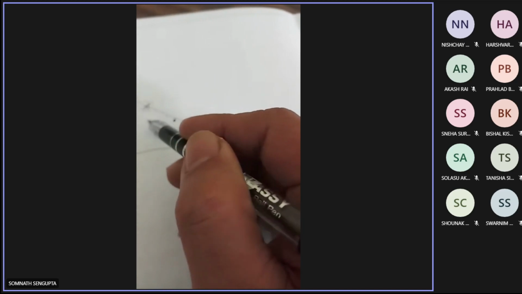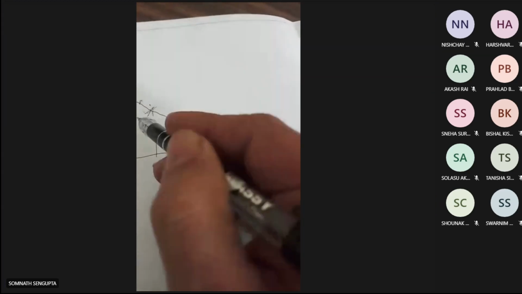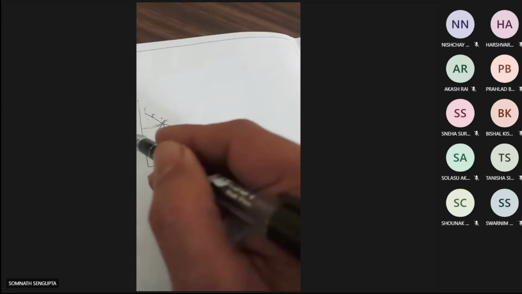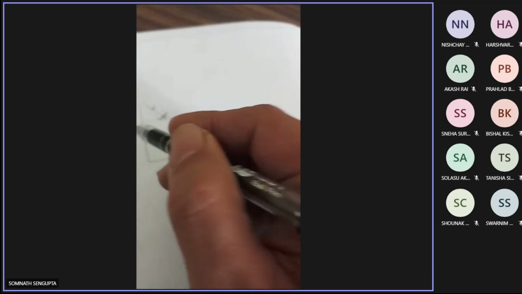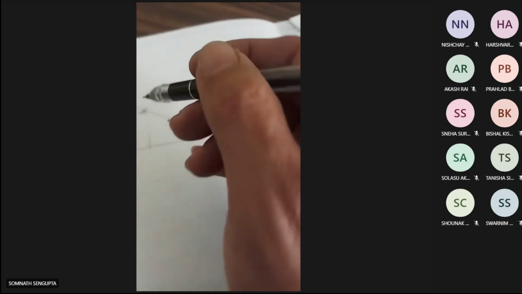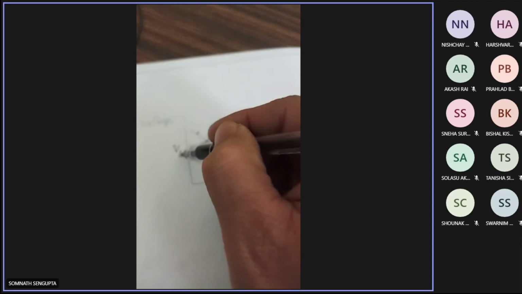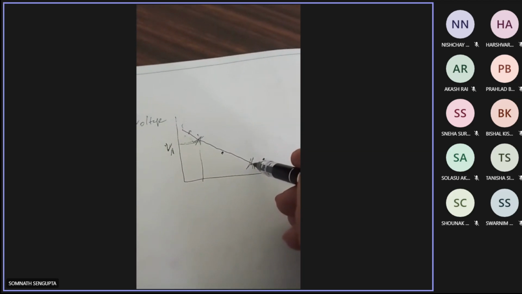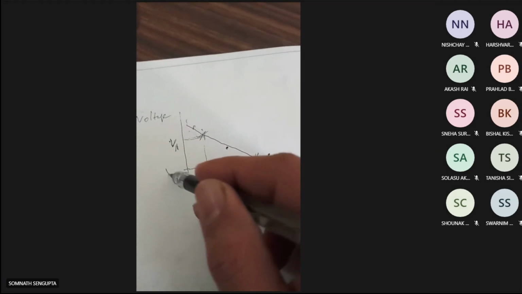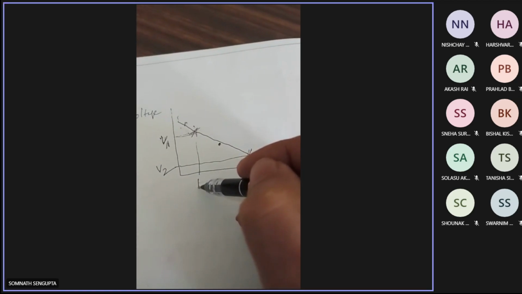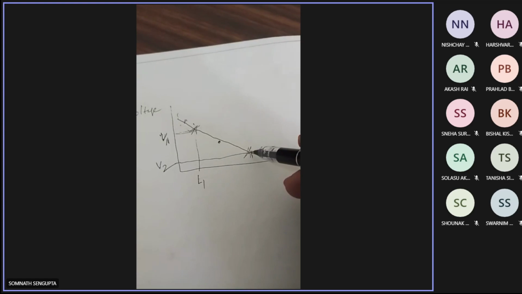So you will get some voltage here. Let us say this is V1 and this voltage is V2, and the corresponding lengths are L1 and L2.